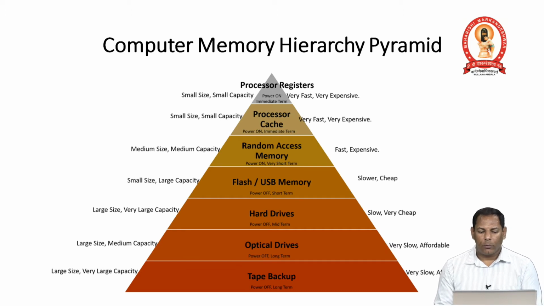If you see the memory hierarchy, we have very fast memory known as processor registers and processor cache memory. There is also a medium size memory, that is RAM and flash drive, and there is a large size memory. If we go downward in this hierarchy, the cost of memory per bit is reduced, but the access speed is also reduced.